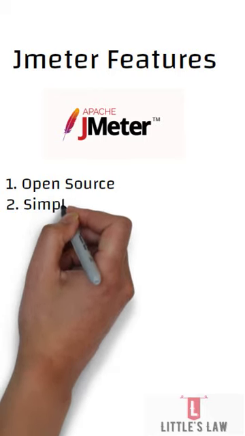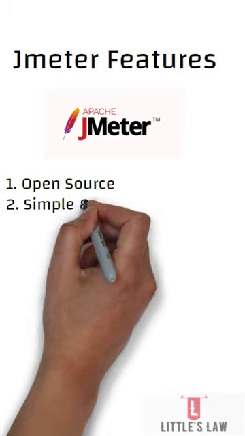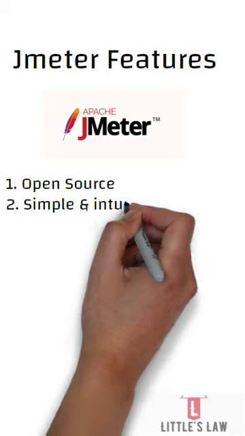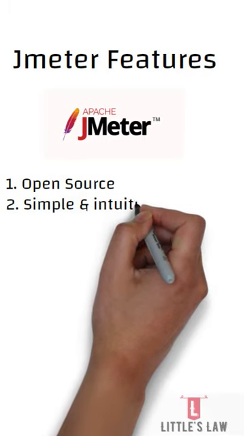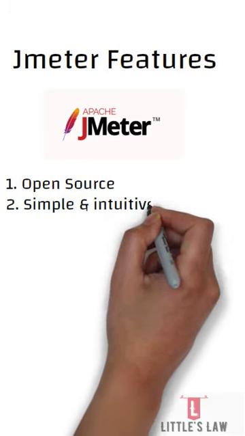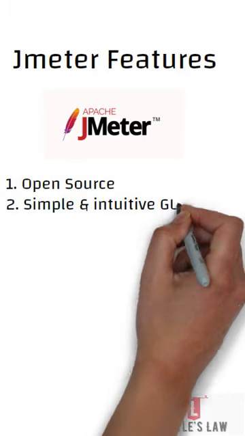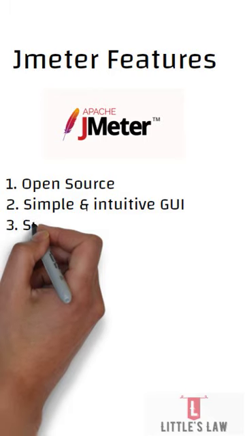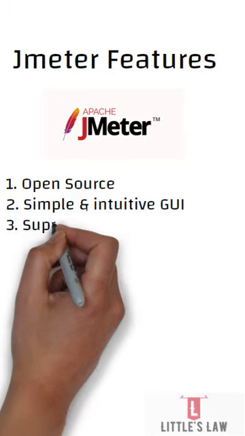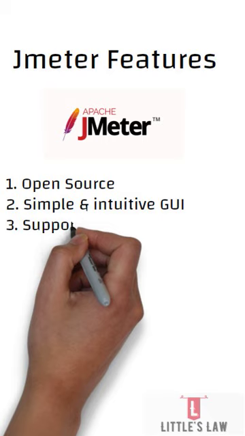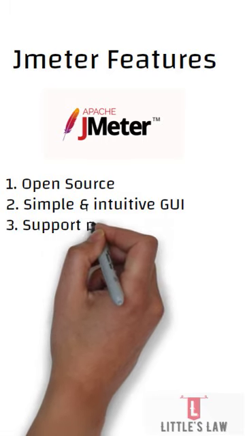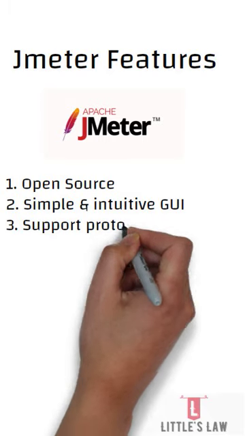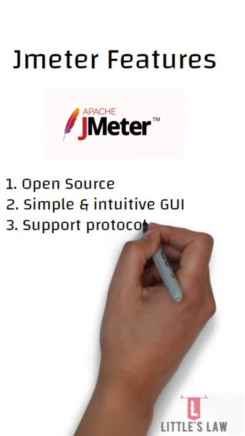So the first point is that JMeter is open source software, freely available in the market. There are multiple tools available in the market like NeoLoad or LoadRunner or any other tools which are highly billable, but JMeter is freely available for us to test functional, automated or performance testing.